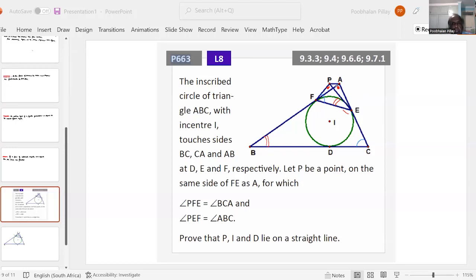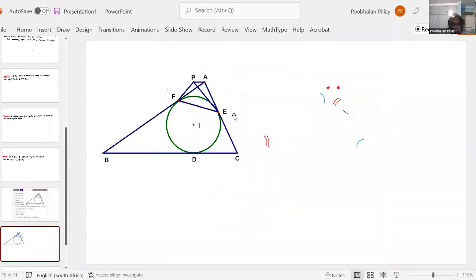So let's go into my other diagram here. Okay, we've just said that A, P, F, and E form a cyclic quadrilateral. The reason is that one of the sides of that quadrilateral subtends equal angles at the other 2 points.